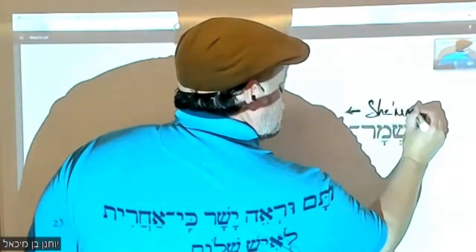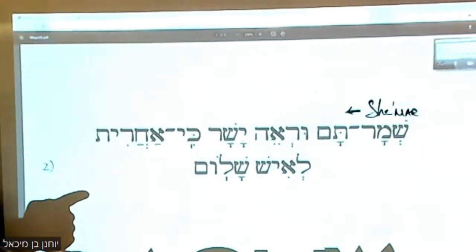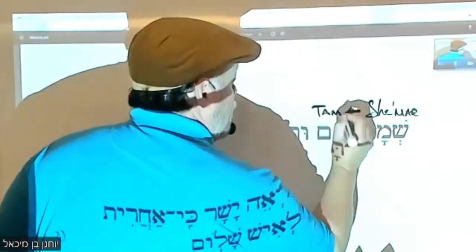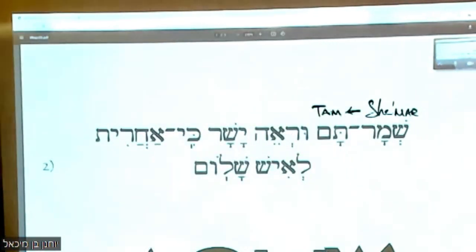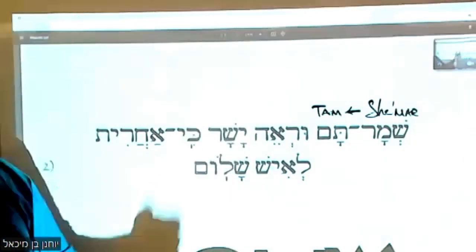All right, shamar. Now what's the next word? Tom. Like a tom-tom. All right, what's our next word?